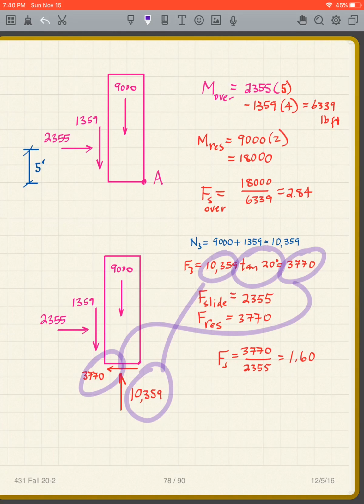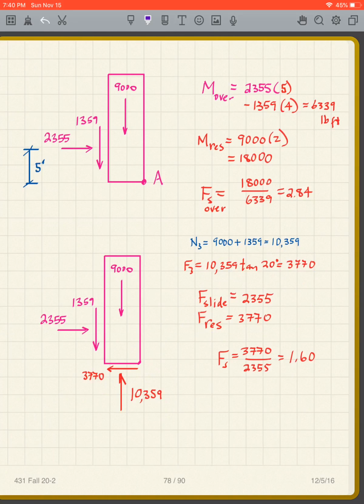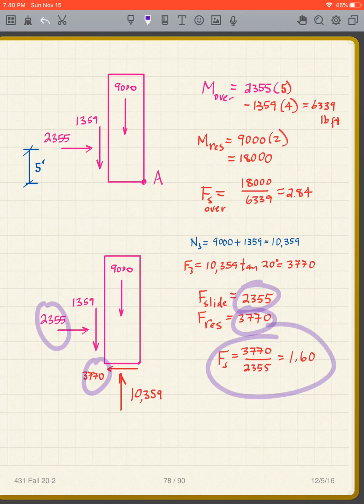So that goes there. So I have my sliding force, my sliding resistance, the ratio of those two, 1.6. So in this case, sliding is more critical.